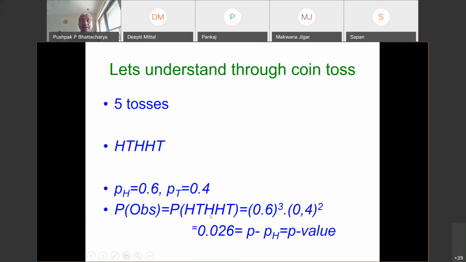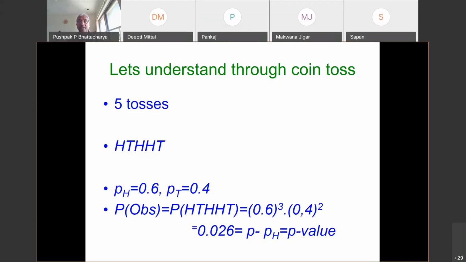I'm telling you again the cardinal principle, something which you cannot trifle with, something which you cannot take lightly. The data has happened. The coins have been tossed and these observations have appeared. They're sacrosanct. You cannot close your eyes to the data or the reality.